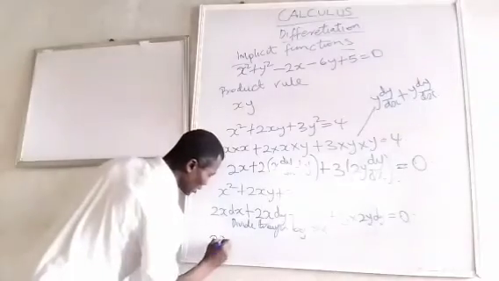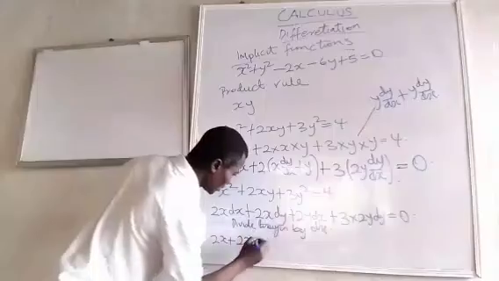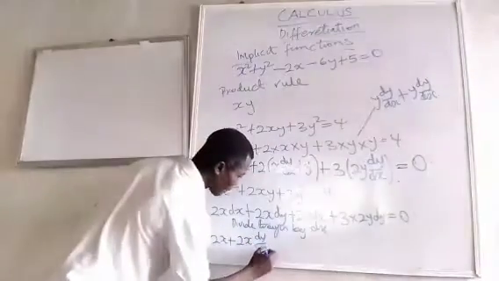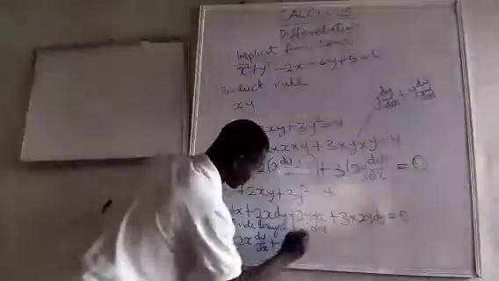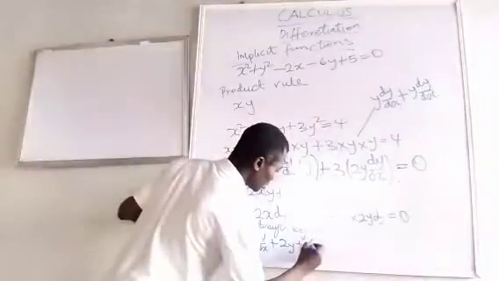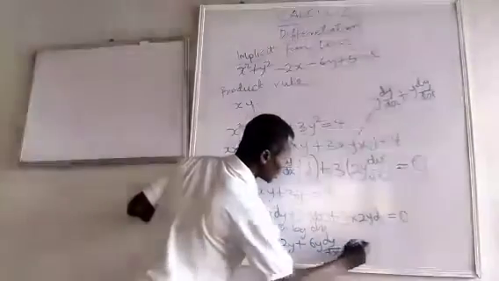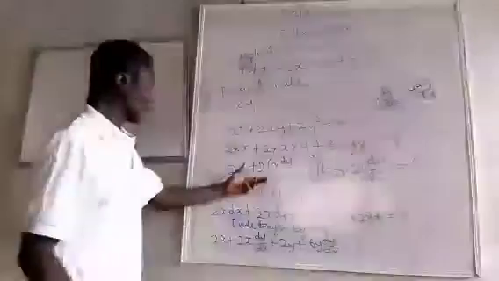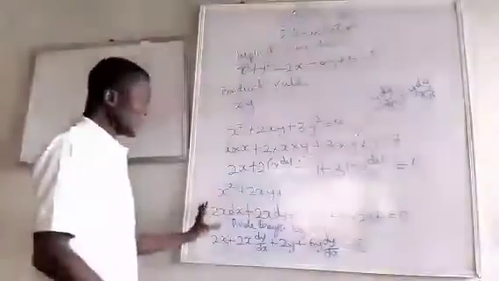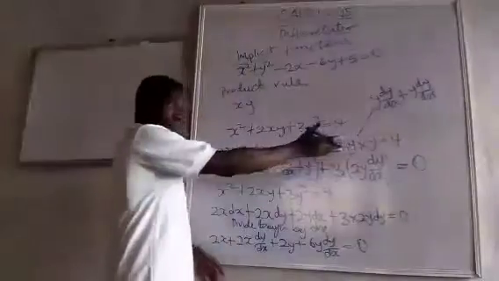So this will be 2x plus 2x dy/dx plus 2y plus 6y dy/dx equals 0. If you look at this one and this one, you can see it's the same thing. So this one makes it easy for me, until after I've gotten proficient with this, I can easily do it like this.